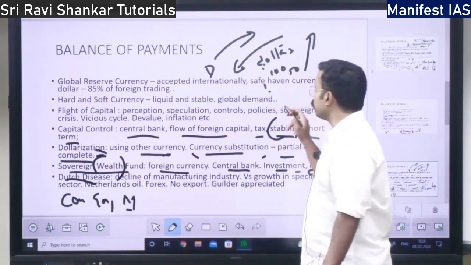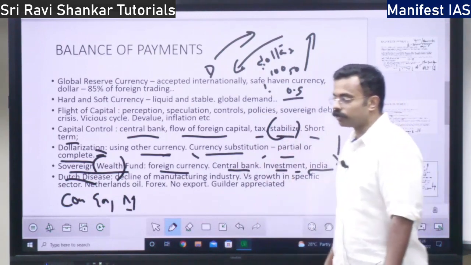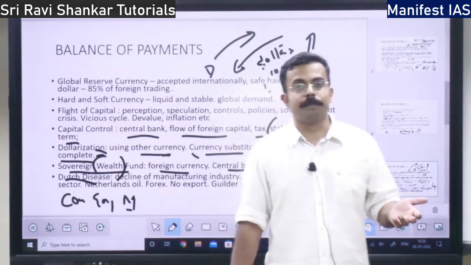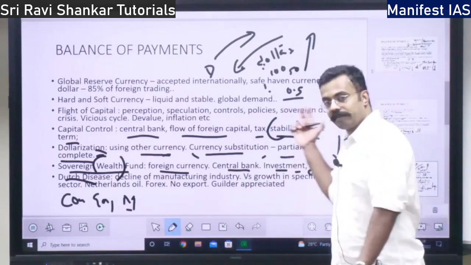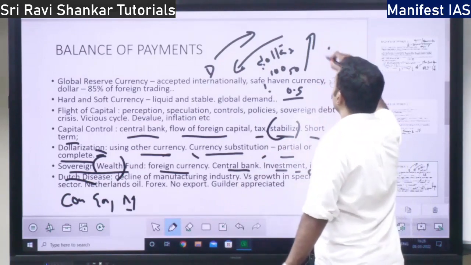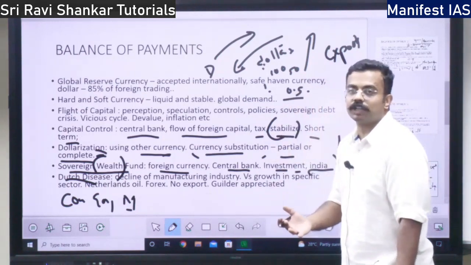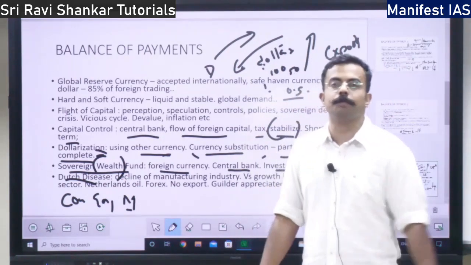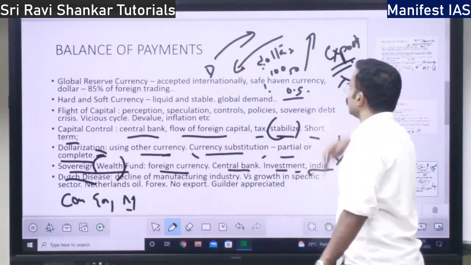So, $1 will fetch how much? 0.5 chocolates. Because of currency appreciation, because of more foreign currency coming into one country, exports will suffer. See, if for $1 only 0.5 chocolate is available, who will take chocolates from Netherlands? Nobody is going to import chocolates from Netherlands. So Netherlands exports will suffer.